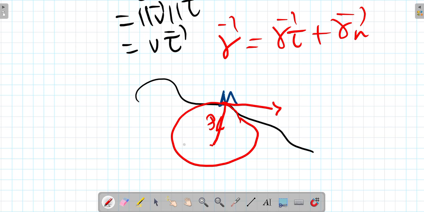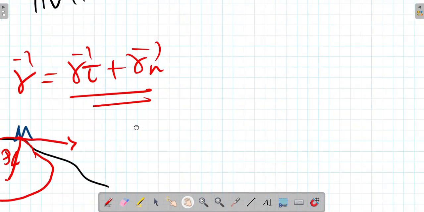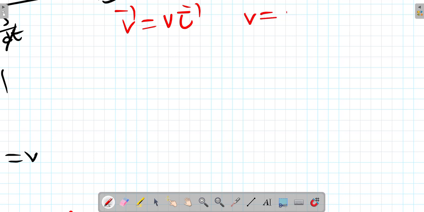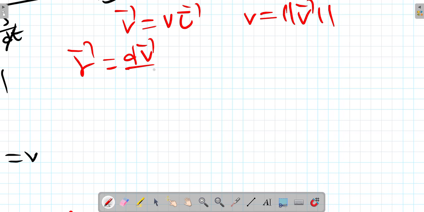Now how are we going to show that there are two components of acceleration? From the definition of vector vitesse, we said vector vitesse is equal to v tau, where v is none other than the magnitude of v. Now acceleration: the general definition of acceleration is the derivative of v with respect to time, isn't it?